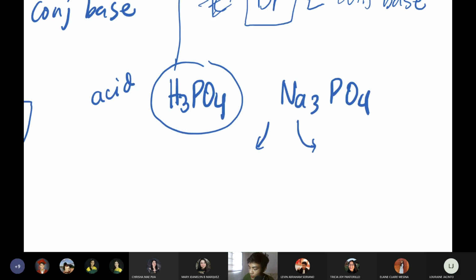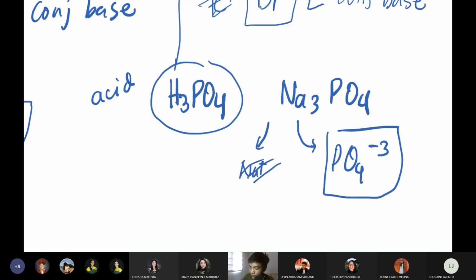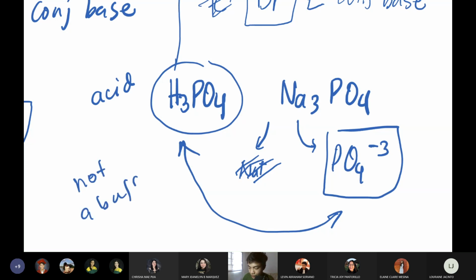So, we can get sodium ion and phosphate ion. Wag pansinin yung sodium. Wag pansinin yung metal. Just focus on the anion. Are the two related? When I say related, isang H lang ba difference nila? So, obviously, hindi. No? Ilang H pagitan nila? Tatlo. Okay. So, since you have more than one hydrogen difference, ibig sabihin, hindi to buffer.